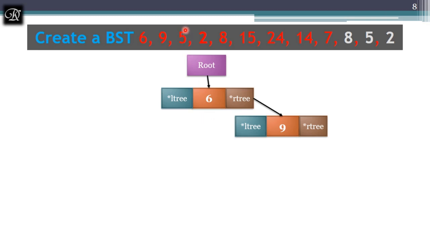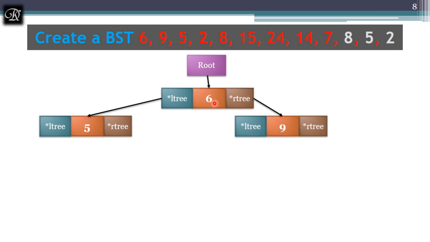And the next number is 5. First compare with the root node. 5 is lesser than 6. Yes, it is true. Then make it a left tree. There are no other nodes in the left tree, so this has become the left node of the tree. Now connect that with the left tree link. Now take up the next value, 2. Compare 2 with the root.